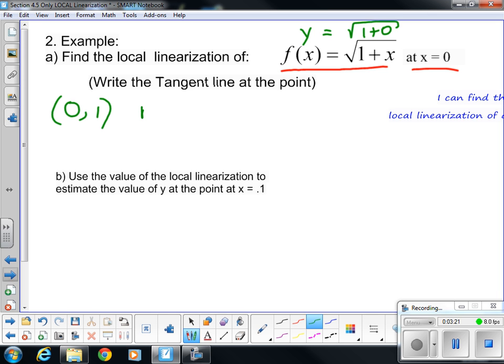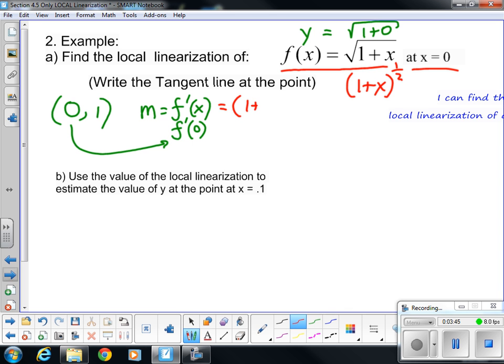Next, we need our slope, which is the derivative. And actually, it's going to be the derivative at x equals 0, because that's our point. So let's rewrite this equation, the square root of 1 plus x, as a rational exponent, 1 plus x to the 1/2. And we would also multiply by the derivative of the inside, but the derivative of the inside is just 1.